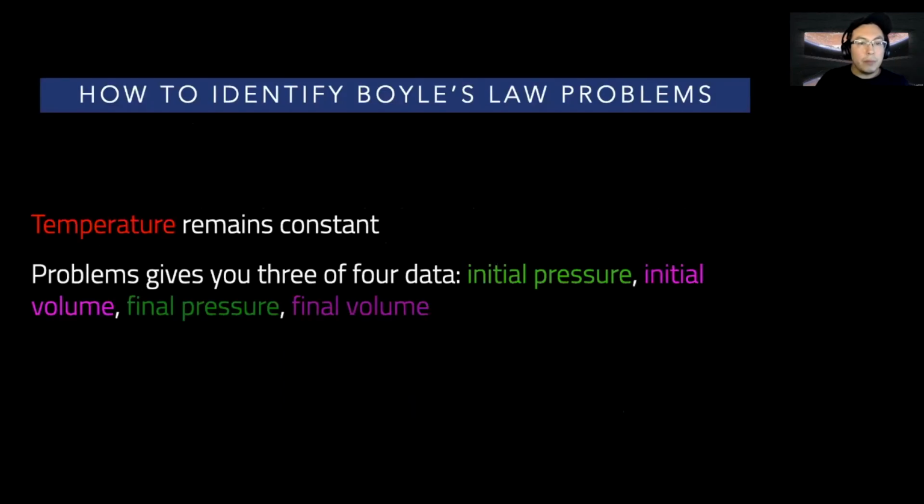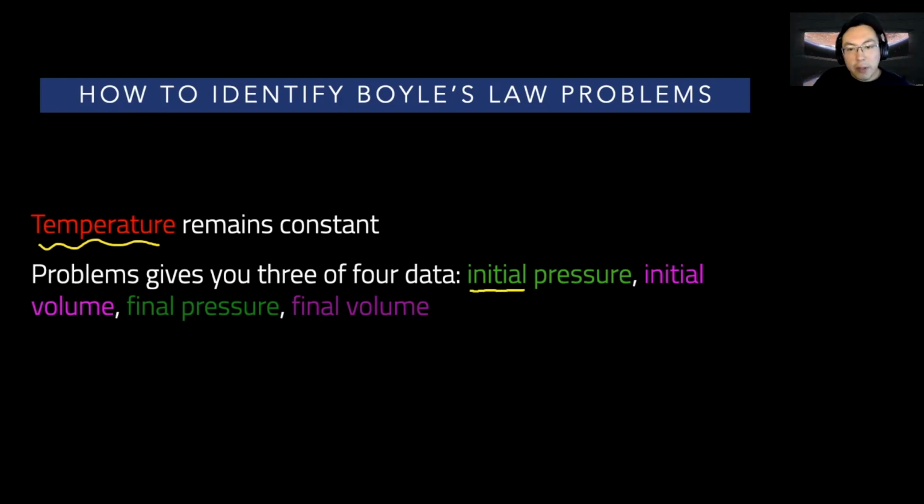In this type of problem, the temperature, as an additional factor, would be expressed as constant, or not changing, because what we really want to see here is the relationship between pressure and volume in two different stages, an initial and a final.